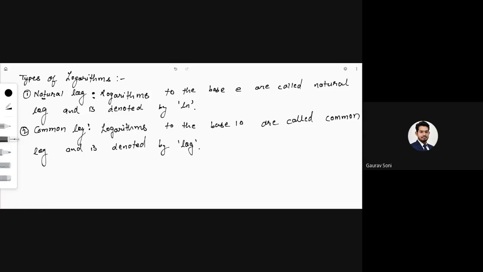Now comes the most important part. Why do we learn logarithm? Suppose log to the base 10 of 254 is equal to x.